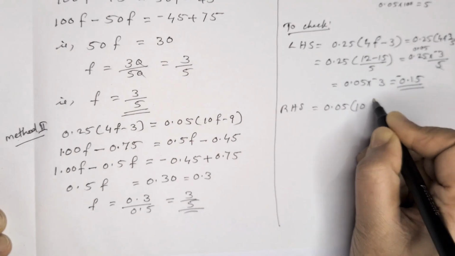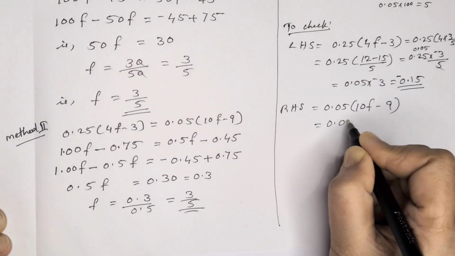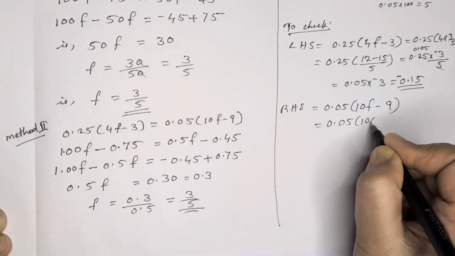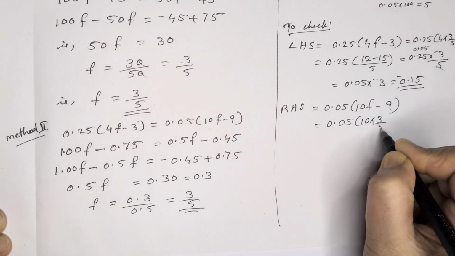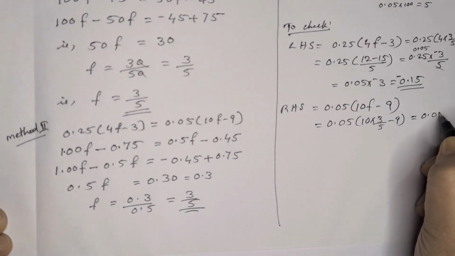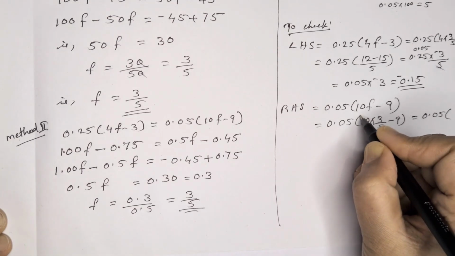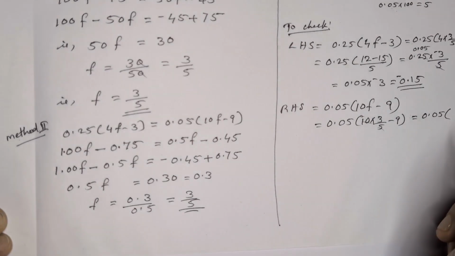Now RHS. 0.05 into (10f minus 9), which is equal to 0.05 into (10 into 3 by 5 minus 9), which is equal to 0.05 into, here 5 and 10 we can cancel, or we can divide by 5, 2 into 3 is 6, 6 minus 9.